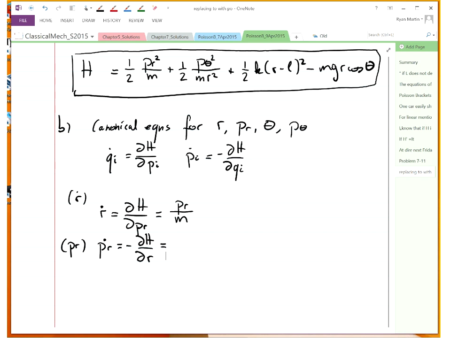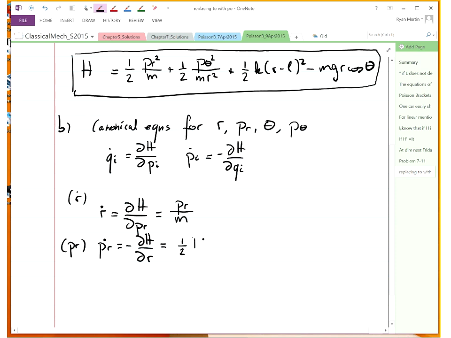And looks like I did it wrong on my notes. The terms that depend on R, the last 3 terms all depend on R. So the first one I have to do is a half P theta squared over MR squared, right? So ∂/∂R of that.